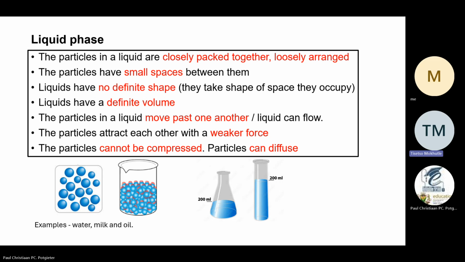That is why it cannot have a definite shape. So the liquid will always take the shape of the container that they occupy. So if you put it in a flat basin, it will just take the shape. The volume will remain unchanged, meaning the amount of space that is occupied by the liquid substance will remain unchanged.